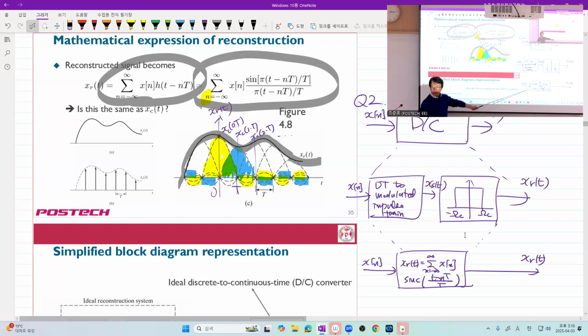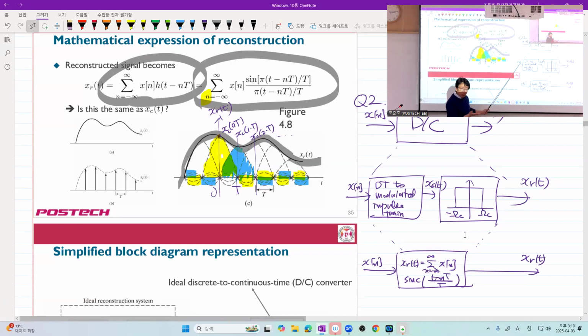Sometimes this point of view directly generates the continuous time signal by multiplying each term of the DT signal with delayed or advanced sinc pulses and summing up.